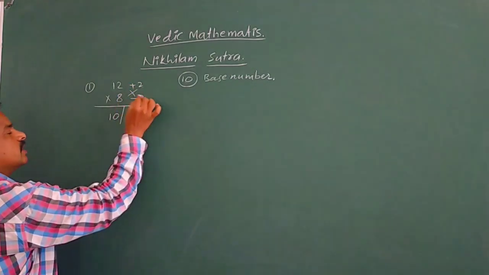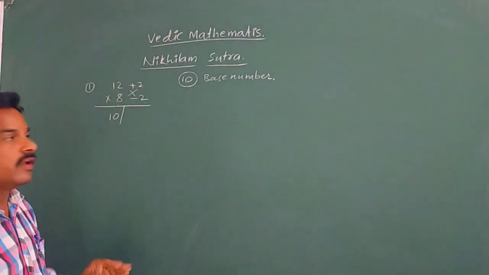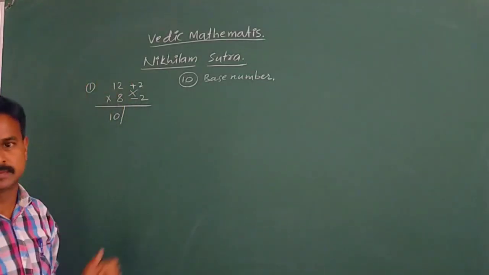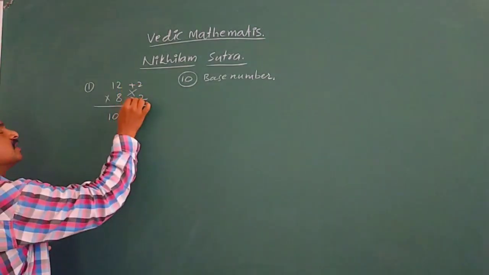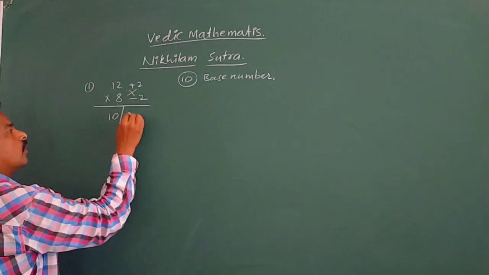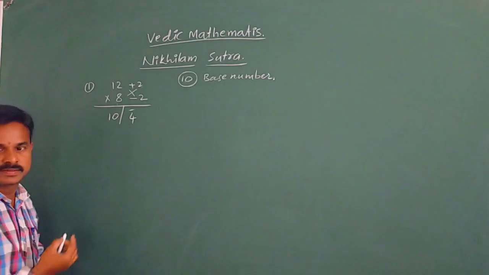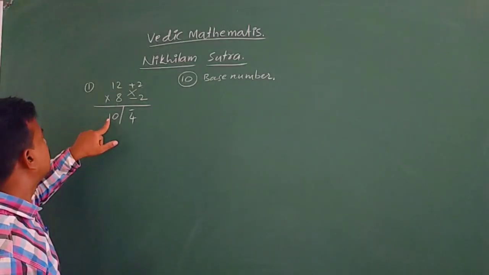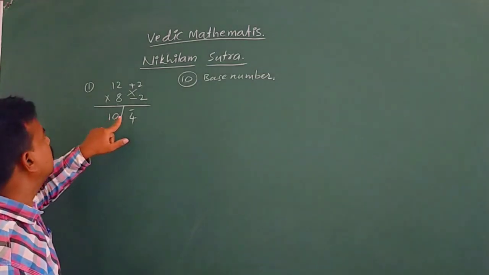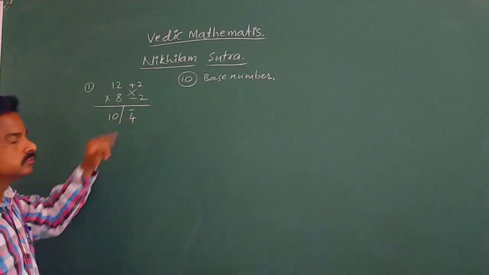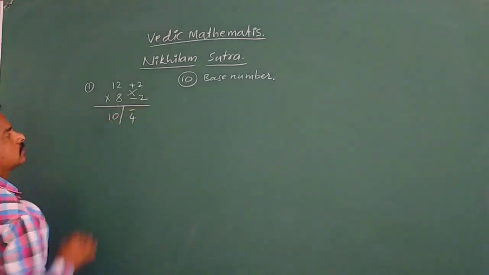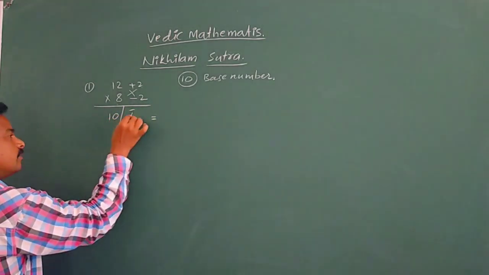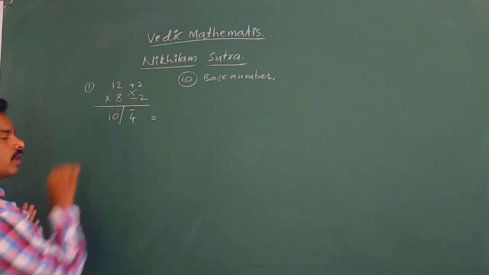Plus 2 and minus 2 are deficiencies. We have to multiply these deficiencies including these symbols. So plus into minus is minus, 2 into 2 is 4, so minus 4. Now how can we write this answer? From 10 we have to subtract this 4.